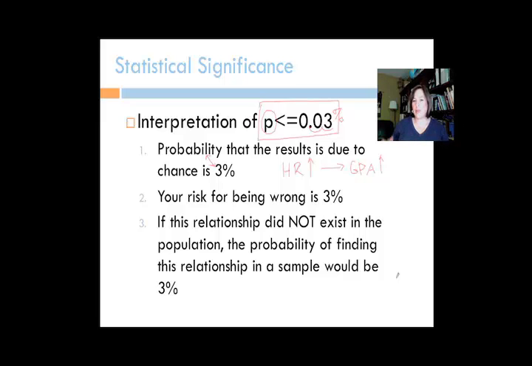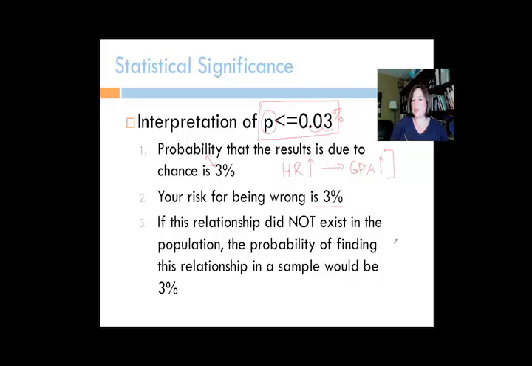Another way to interpret p less than or equal to 0.03 is your risk for being wrong is only 3%. Remember, we hypothesized that as hours go up, GPA goes up. If we find p less than or equal to 0.03, our risk for being wrong on that hypothesis is 3%. These are not different. These are how you can interpret this statement.